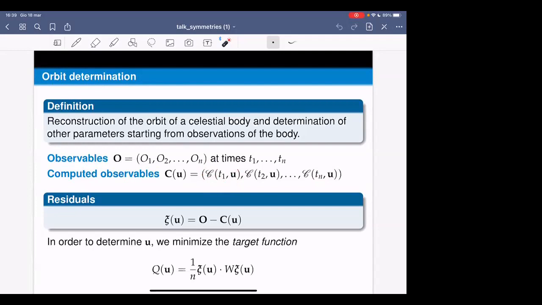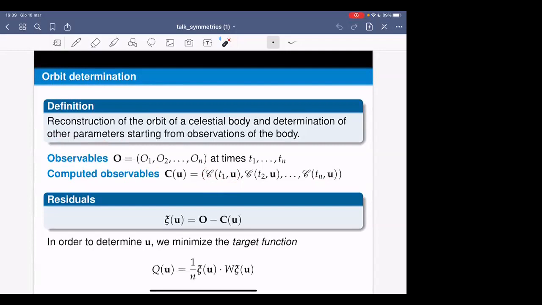These parameters may be the initial conditions, for example, of the body whose orbit we want to determine, but also, as I said before, other parameters of interest, maybe physical parameters.